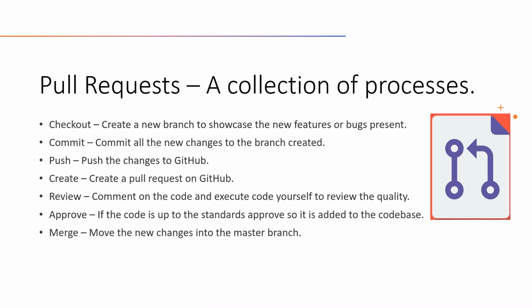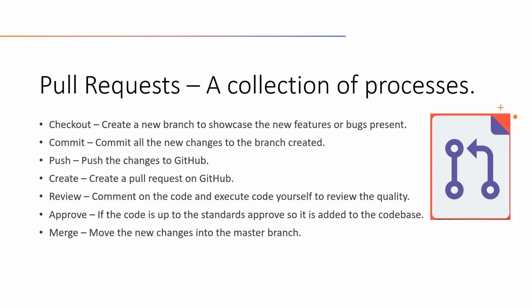Now we need to understand what a pull request is. We will break down the pull request into some processes. Simply, we can understand a pull request as a collection of processes. There are some steps that I would like to talk about.